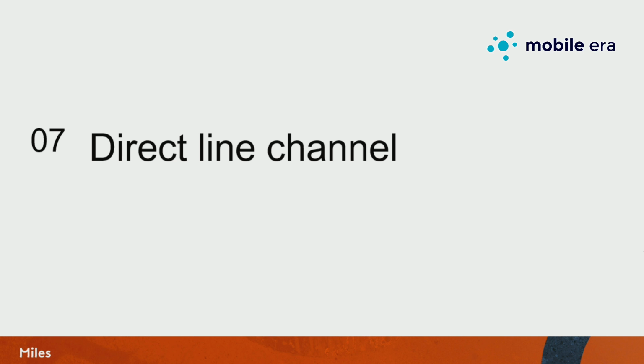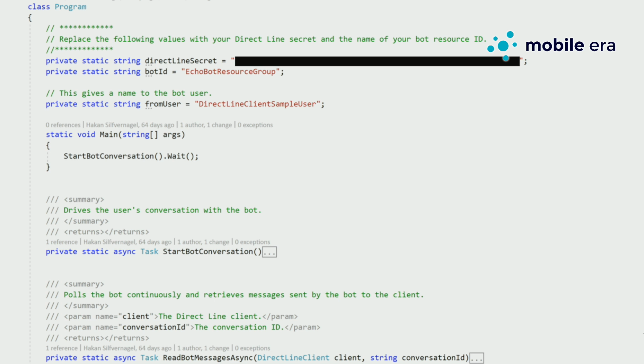But we also have this other thing called the direct line channel. The direct line channel is, as I said, where we're using a chatbot more or less as a REST API, and we need to make a call to it and then handle whatever we get back. So I've just made a console program here where we're using this direct line channel.